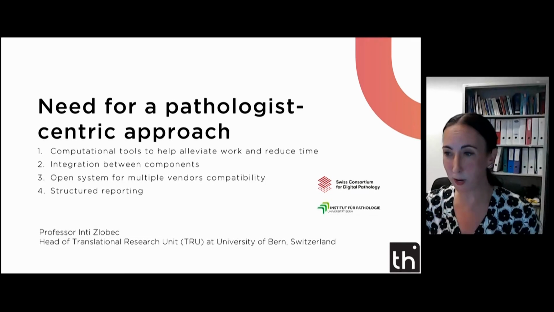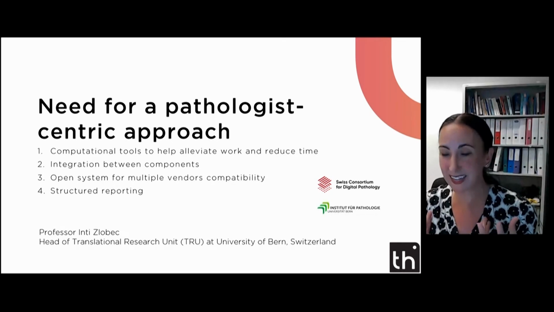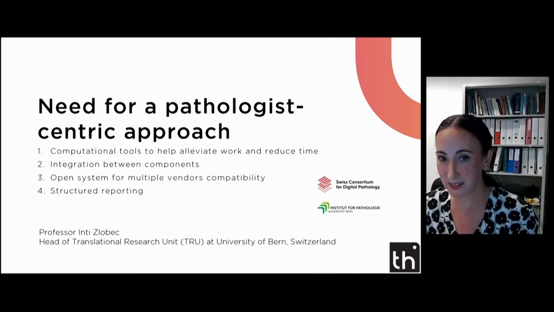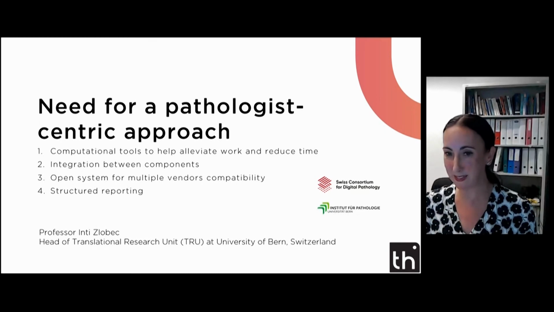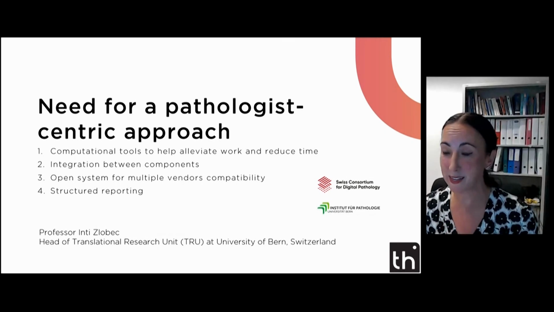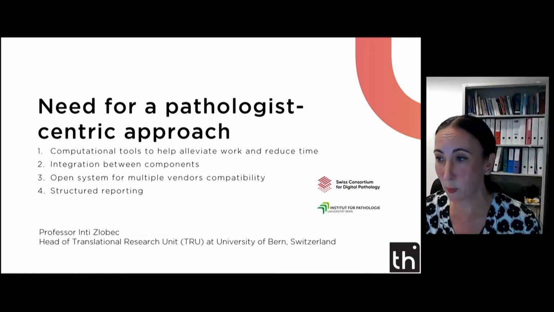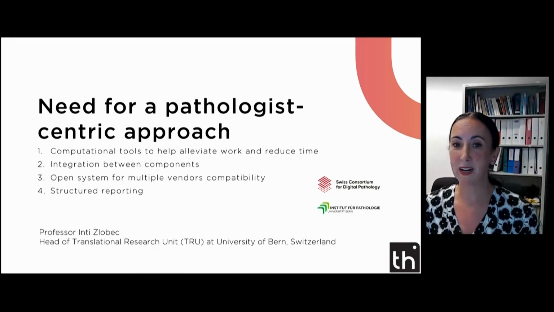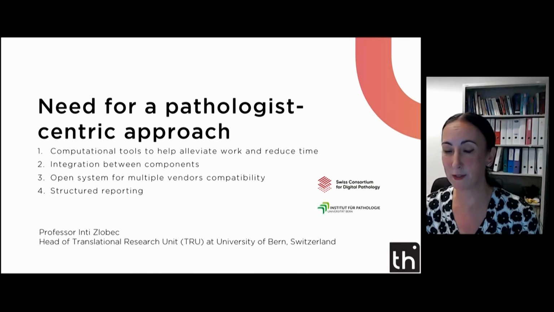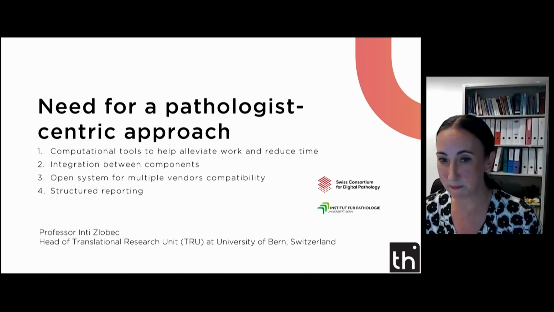It's impossible for us even to find cases in our LIS. This is something so basic, but it is only going to be accentuated in this world now of digital pathology. So structured reporting is something that I would like to suggest everybody very seriously contemplate.